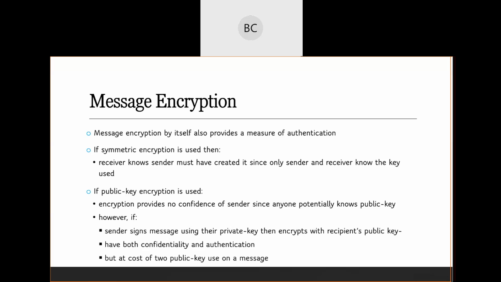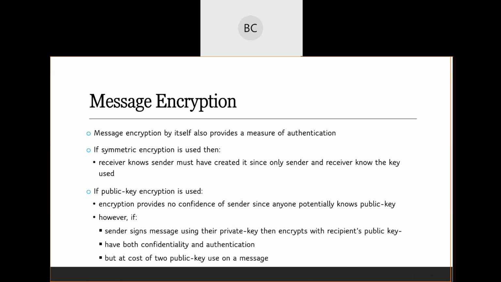So if you use symmetric encryption, then the receiver knows that the sender must have created it. Only the sender and receiver will know the key, because in symmetric key your key is a shared one.